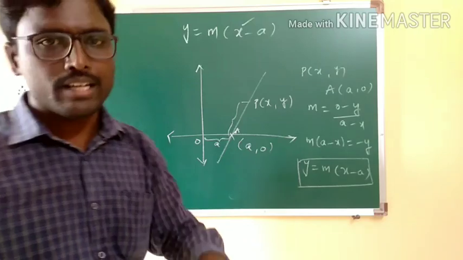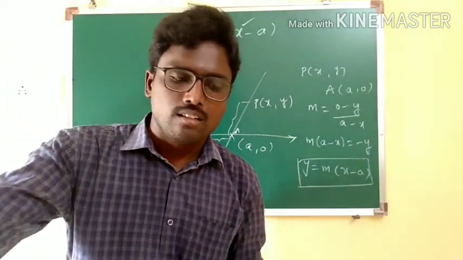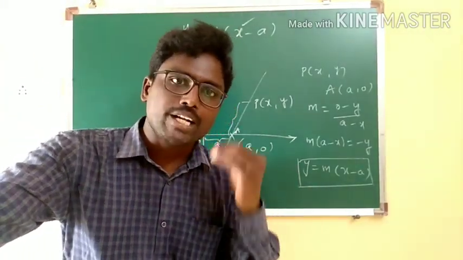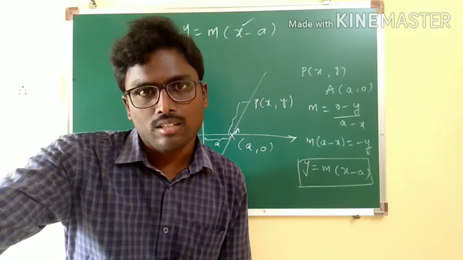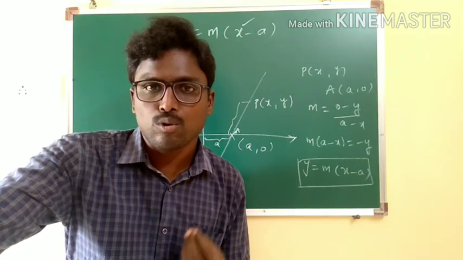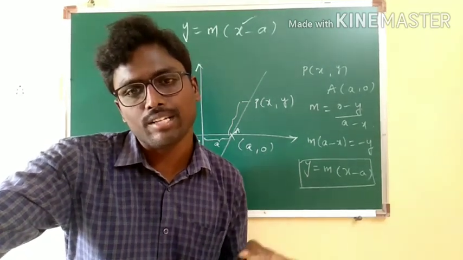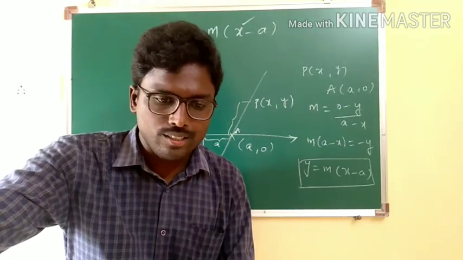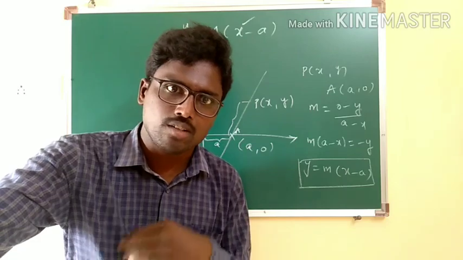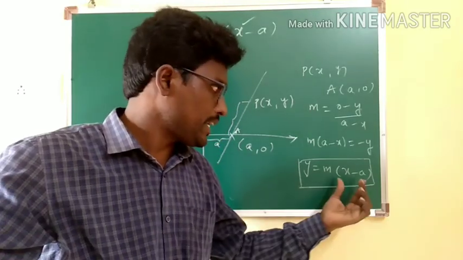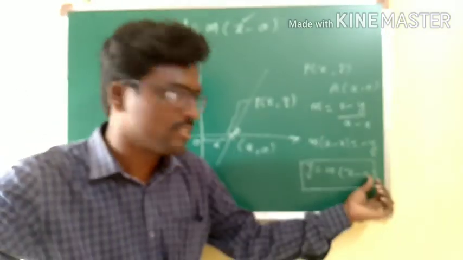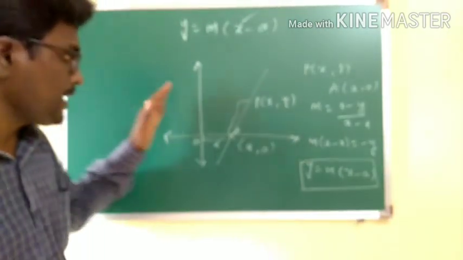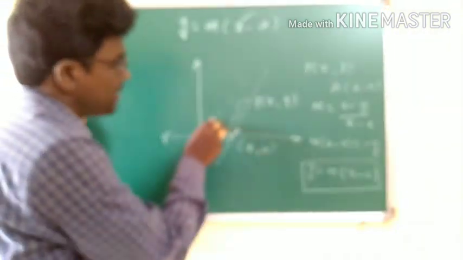We have completed 3 cases. First case is slope m and y-intercept c. If y-intercept is c and the slope is m, the equation of the line is y is equal to mx plus c. And if that line is passing through the origin, then the line equation is y is equal to mx. Even you will be getting the same line equation if you substitute a is equal to 0 here. If this line is passing through the origin, what happens here?